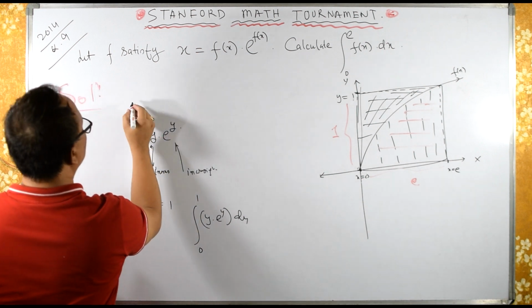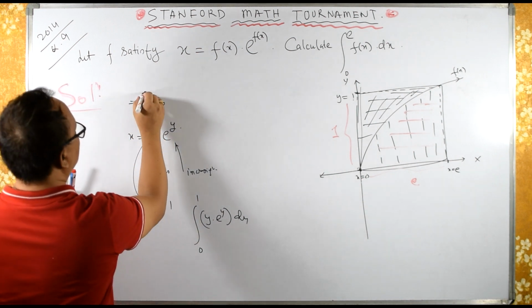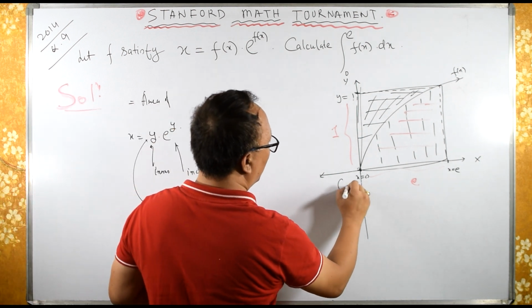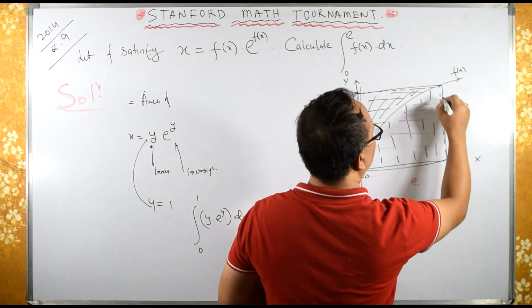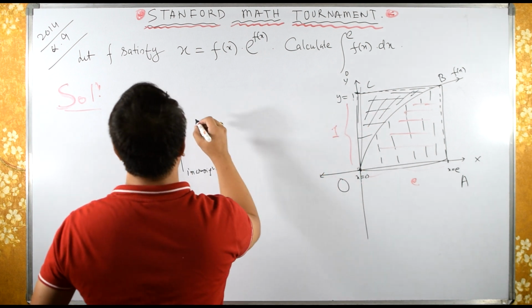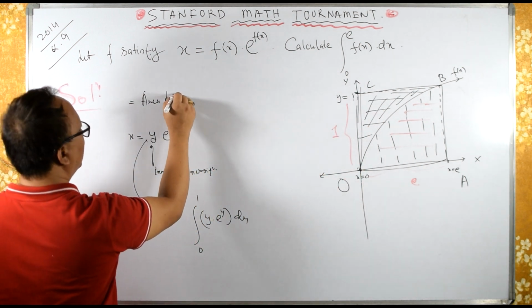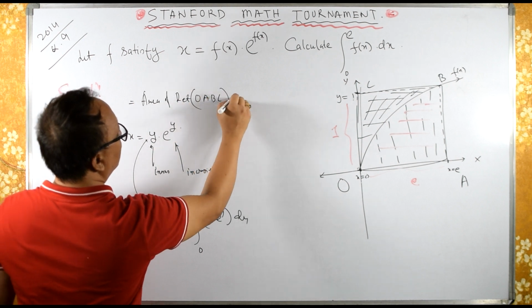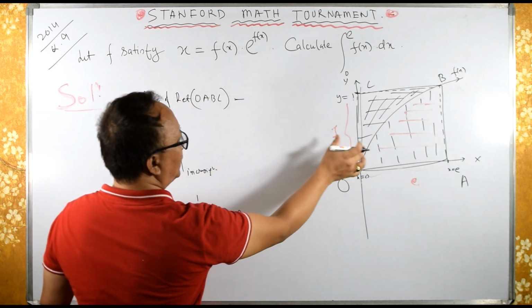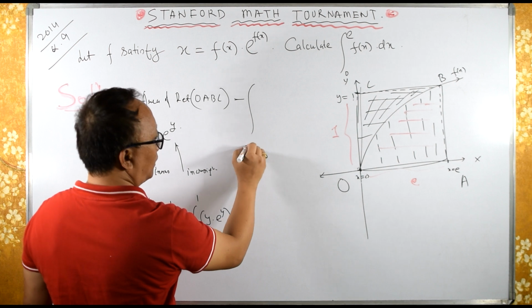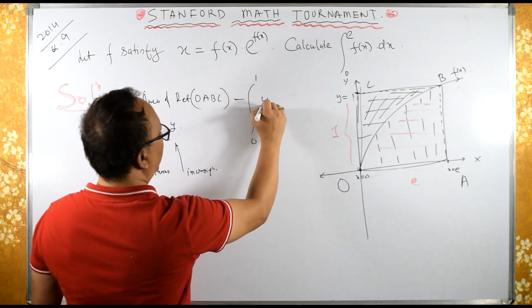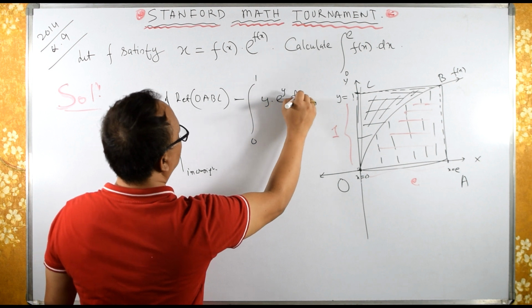So this is equal to the area of rectangle OABC minus the integral from 0 to 1 of y into e raised to y dy.